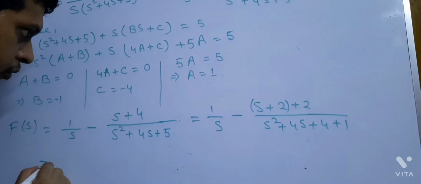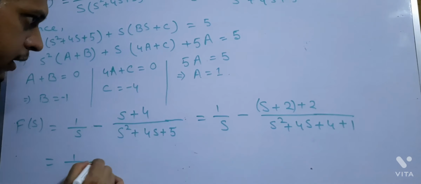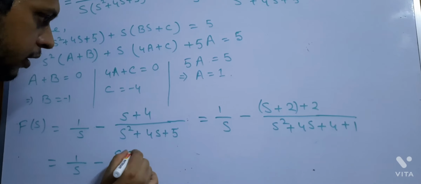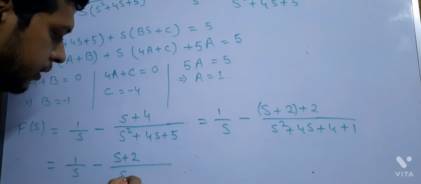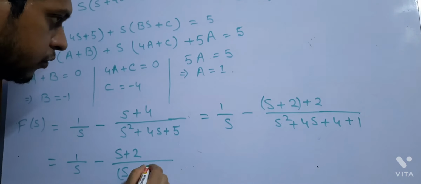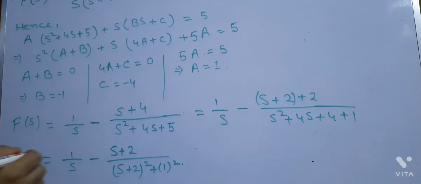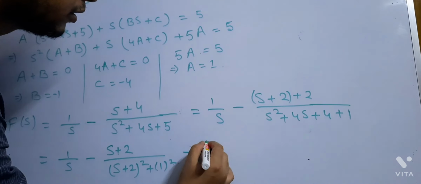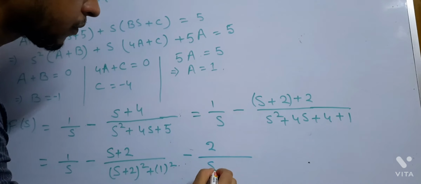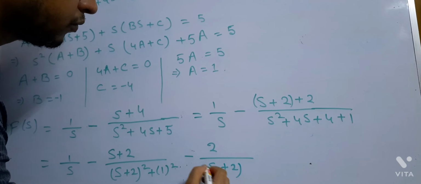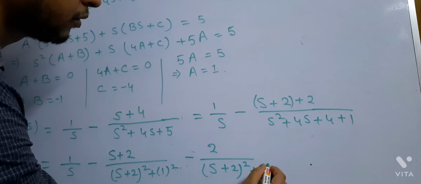So this is equal to 1 by s minus (s plus 2) by ((s plus 2) square plus 1 square) minus 2 by ((s plus 2) square plus 1 square).